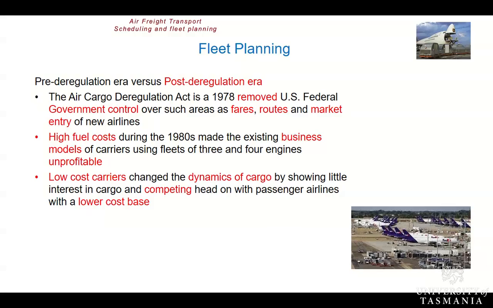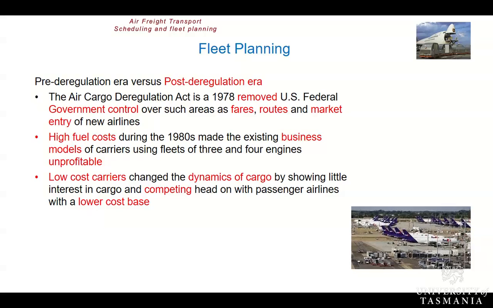So this really put the other passenger airlines who'd been in the market for a long period of time and who were trying to juggle cargo and passenger in a difficult situation, because the low-cost carriers had lower costs in terms of their ability to market themselves in the market.